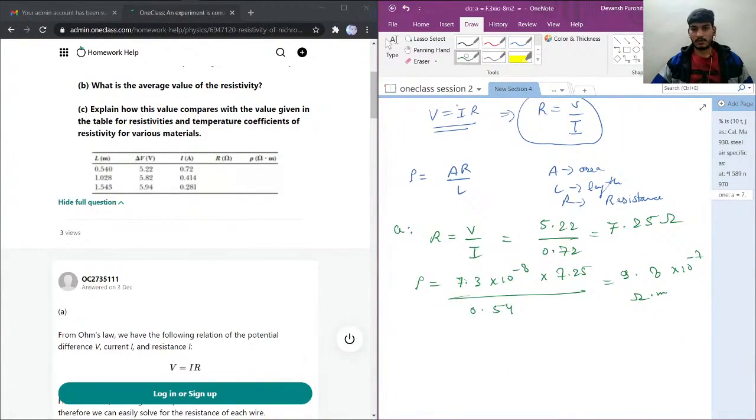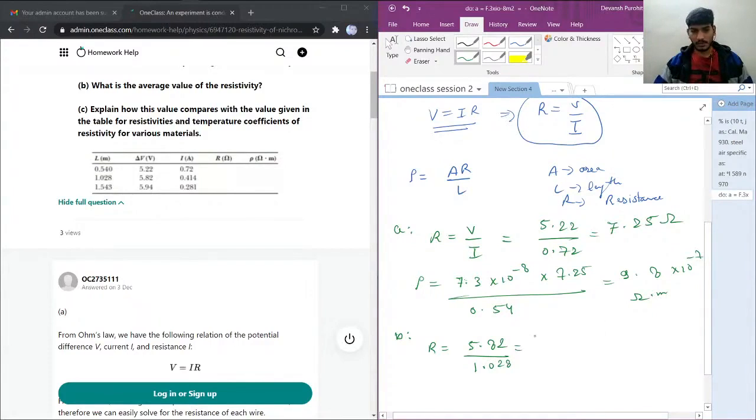Now let's go for B1, the second observation. In second we have resistance. Now I'll just directly write the equation instead of writing formulas again and again. This is 5.82 over 1.028.